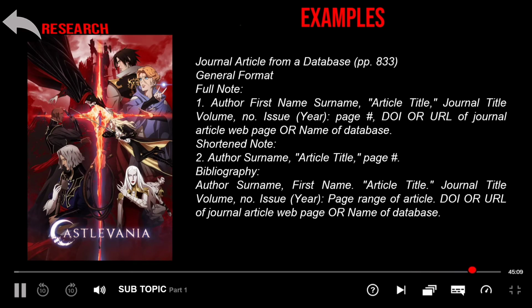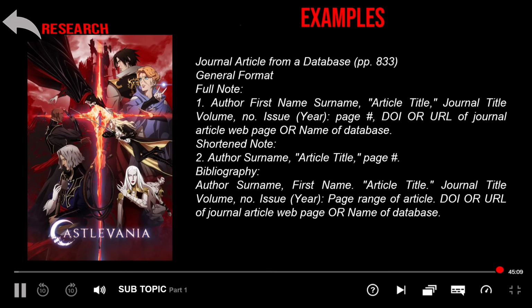For the shortened note, the format is author's surname, then the article title, page number. For the bibliography, we put the author's surname, then first name, then article title, journal title, volume, then the year, then the page range of the article, and the URL.